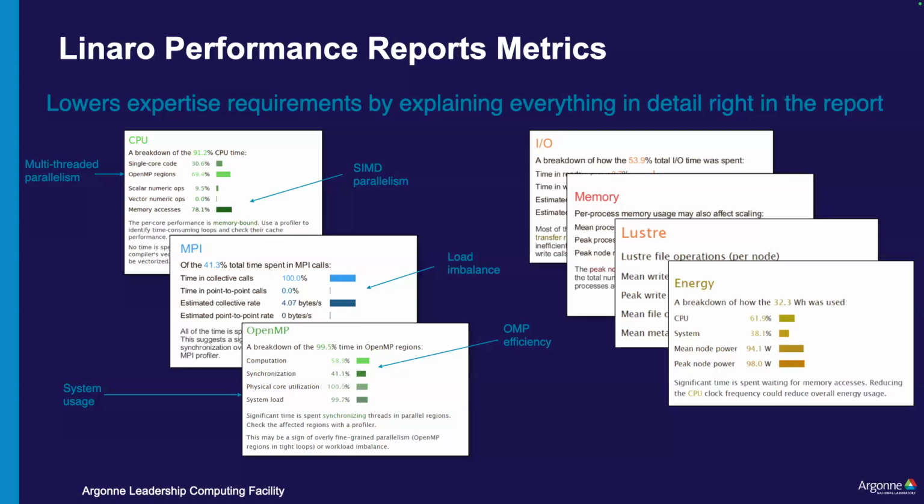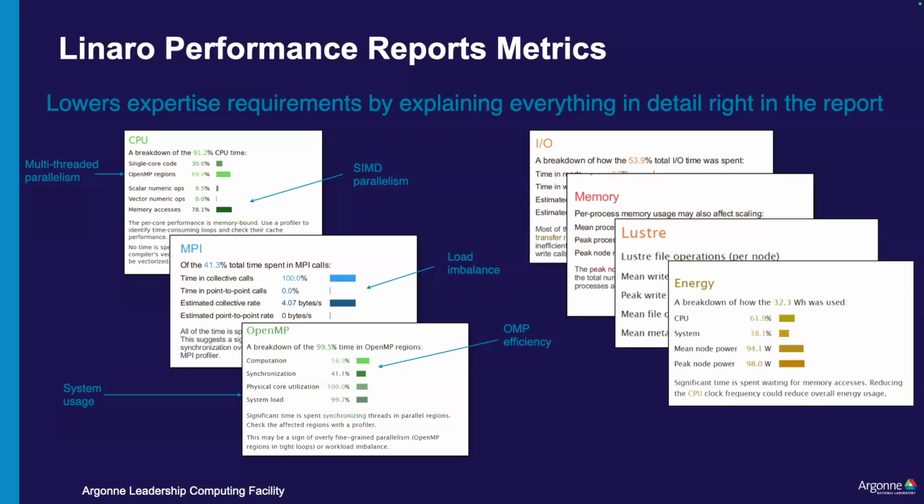And so what the CPU breakdown gives is one is single core code. So this tells you how much of your code is running in series that's not been parallelized yet. And usually that's a good place to start. If you've got a lot of serial code running, you want to parallelize that to make more effective use of the hardware.